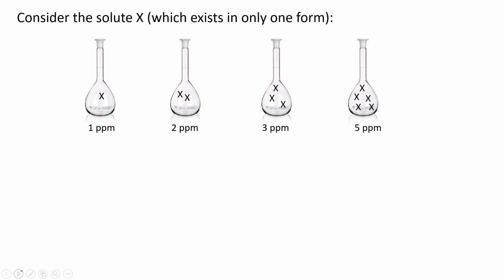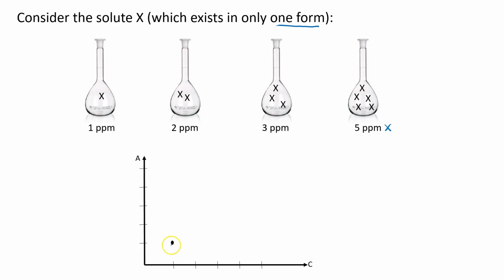Let's back up a little bit and talk about a normal experiment where you have some solute, let's call it X, that only exists in one form. What you're looking at here are standards containing 1, 2, 3, and 5, let's say, parts per million of X. And when we make our calibration curve, again, that'll be a plot of absorbance versus concentration.